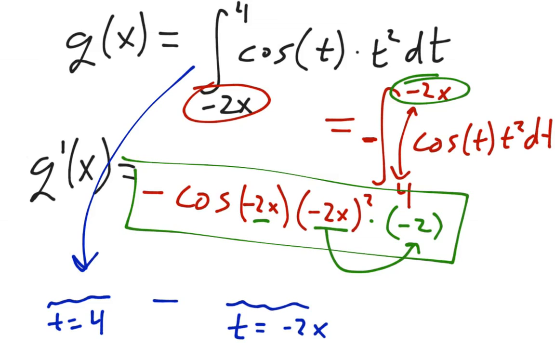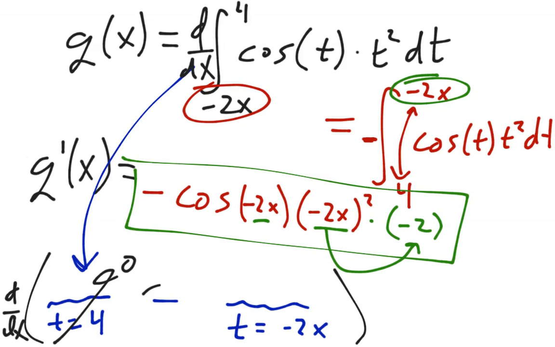So when you take that derivative, d dx, the constant stuff goes away, and this negative will stay there. And so these two negatives are in fact the same. Then you're just going to plug that negative 2x in for t and get that. So there are two ways to think about it if the limits are flip-flopped, basically.